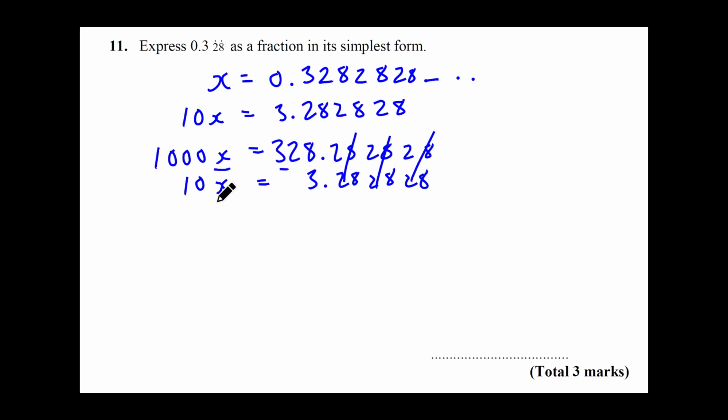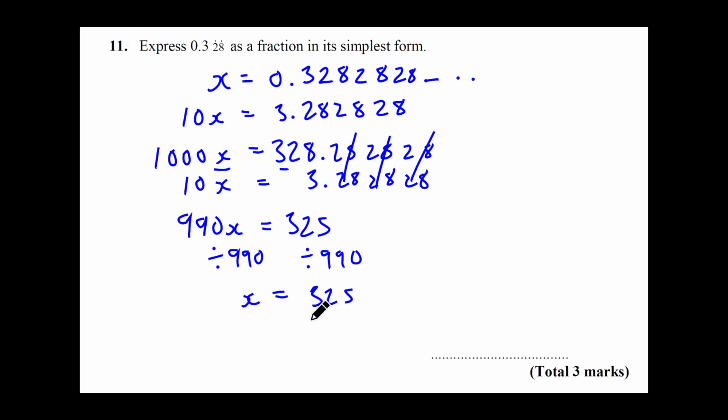Let's minus them from each other. Can you guess what the most common mistake is, even when students get up to here? They forget to minus the 3 from 328. So that's 325. We're going to divide by 990 again. So we get x equals 325 over 990.